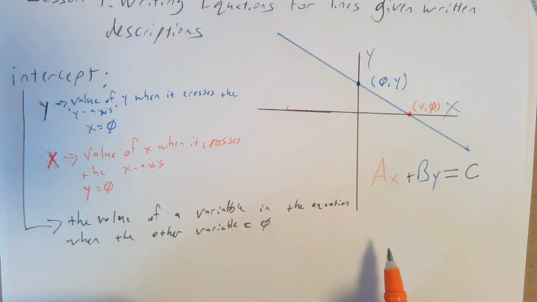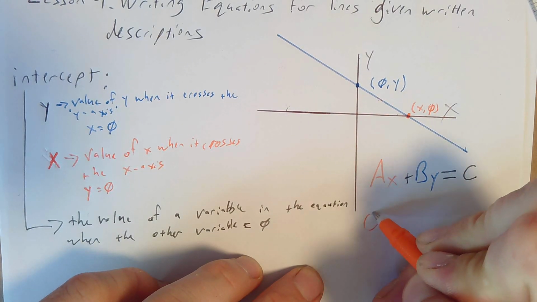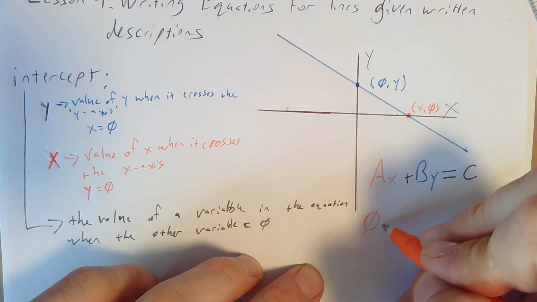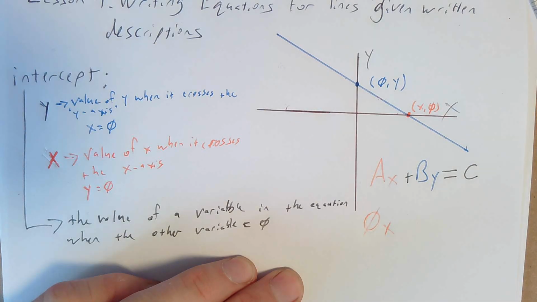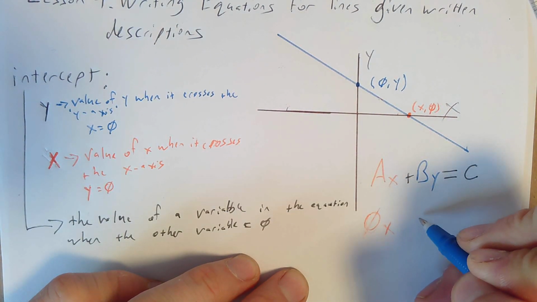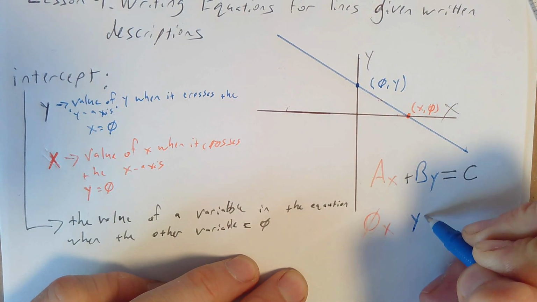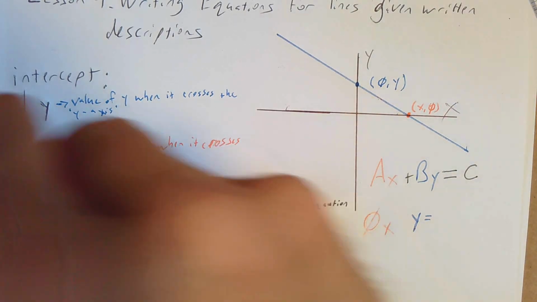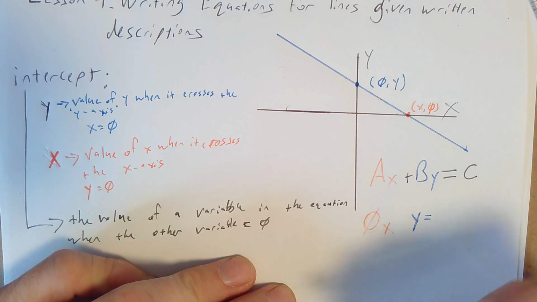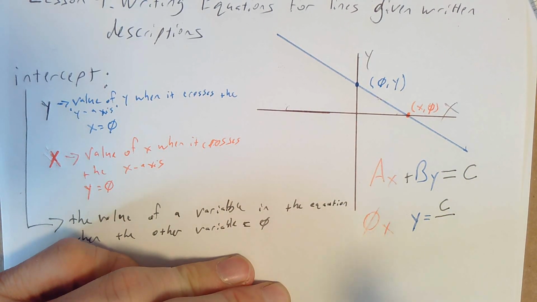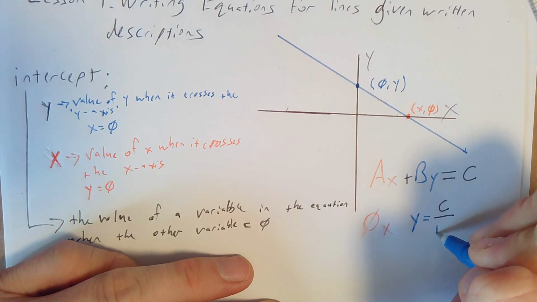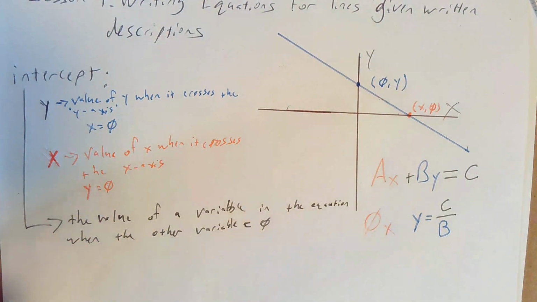Let's look at if x equals 0, then y would equal c divided by b, and that would be our y-intercept.